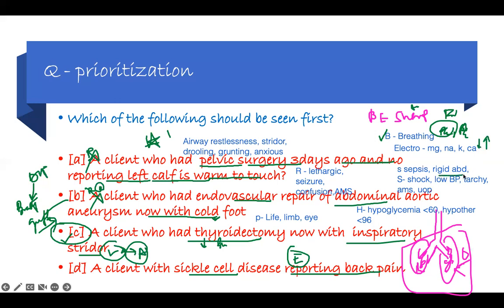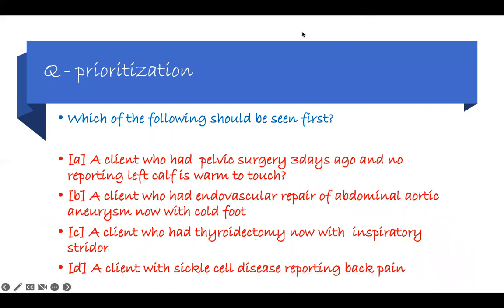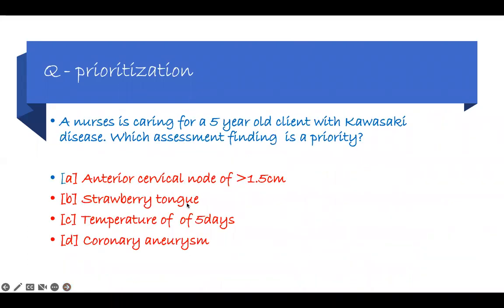Sepsis, rigid abdomen, infection, bleeding, shock, and then hypoglycemia, hypothermia, airway, lethargy, and pain that loses the limb. You are being sharp about it. So that is how you go about answering these kinds of questions. Priority. You got to be sharp with priority. The same thing. We have to be sharp.